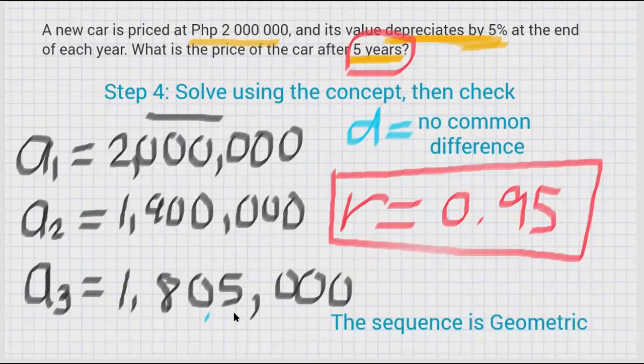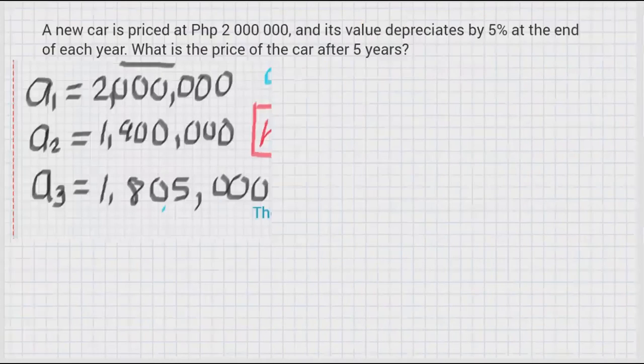Let's continue by solving what is the price of the car. We will solve using the concept of geometric sequence and then we will check. We can skip the fourth term and go directly to the fifth term, because that would be after 5 years.